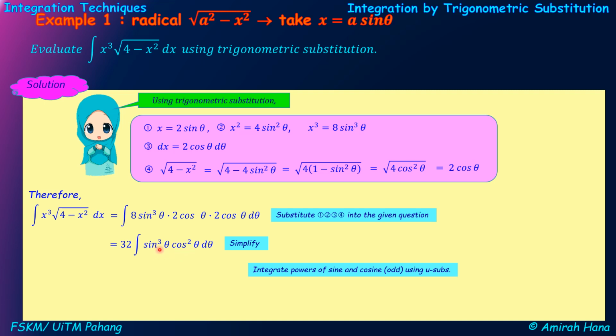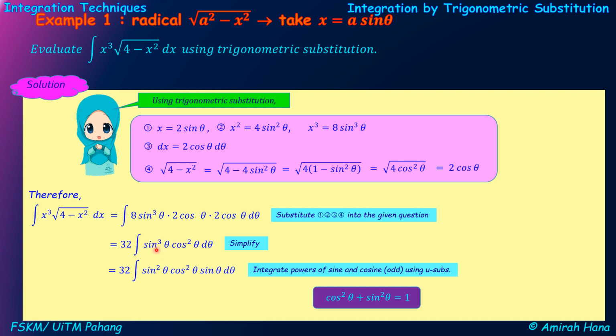If we have odd powers of sine or cosine, we need to use U substitution, right? Alright, but from the identity, we have a term containing a square. Okay? No term containing a cube here, right?